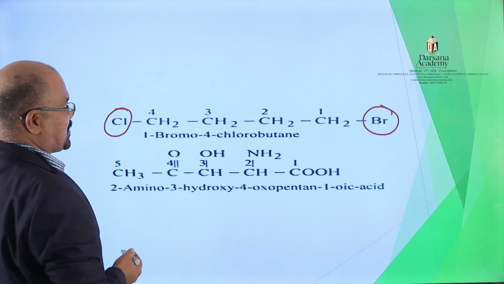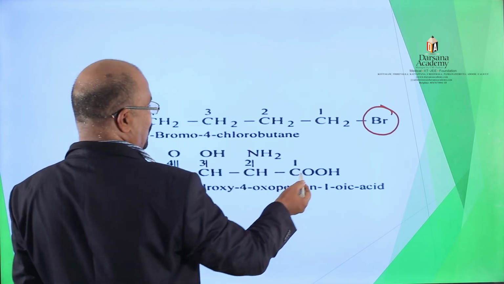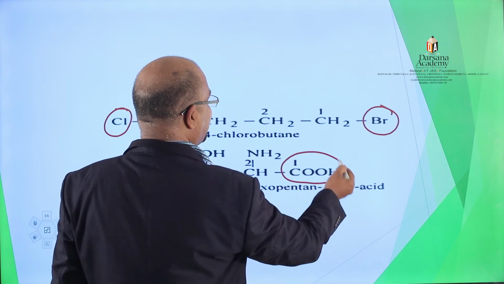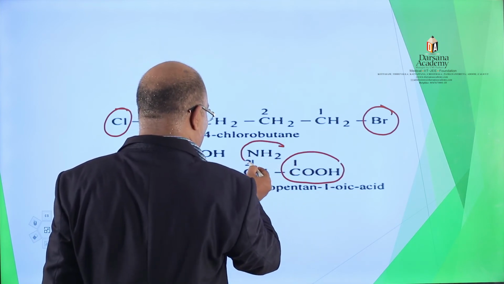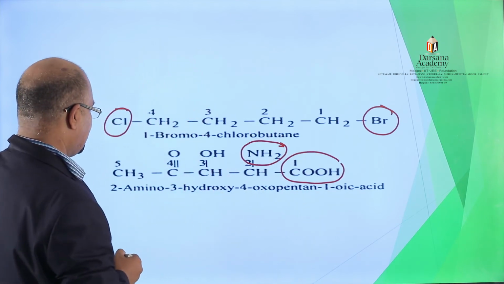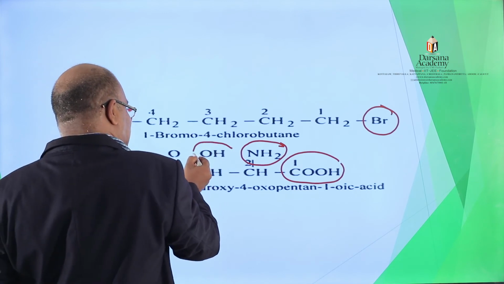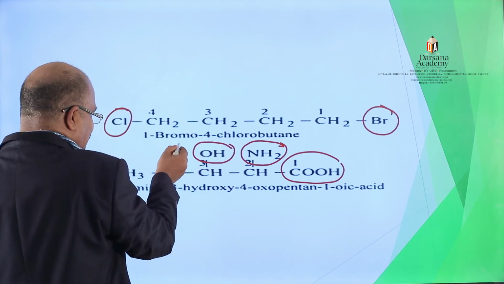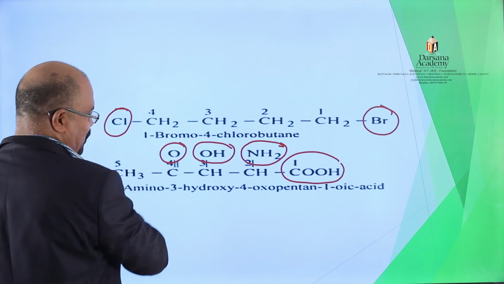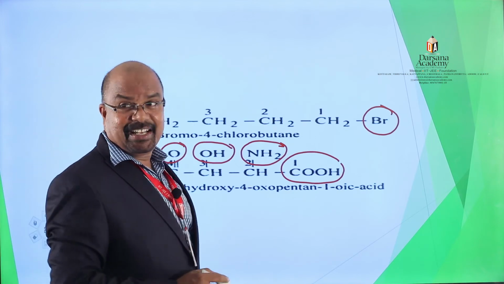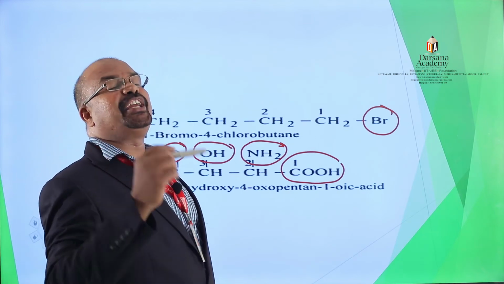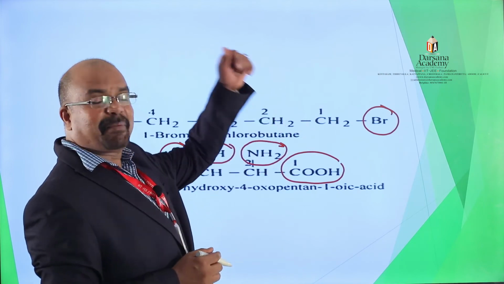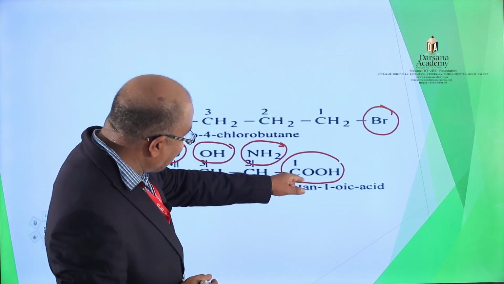See, another example. Here 4 functional groups are present. The carboxylic group is also a functional group. NH2, the amino group, is also a functional group. Then OH is also a functional group. Then CO is also a functional group. But we know that we give priority, so the first priority goes to the carboxylic group.